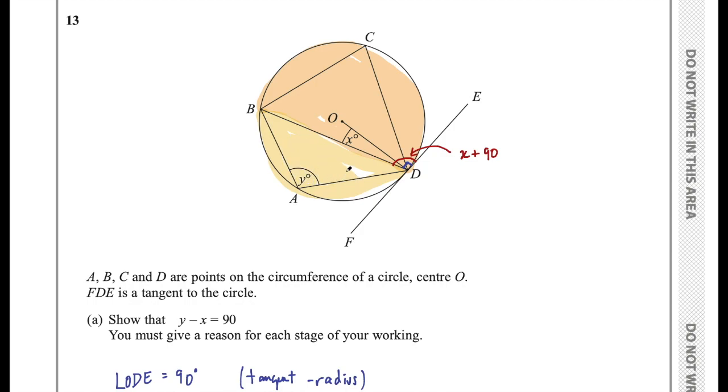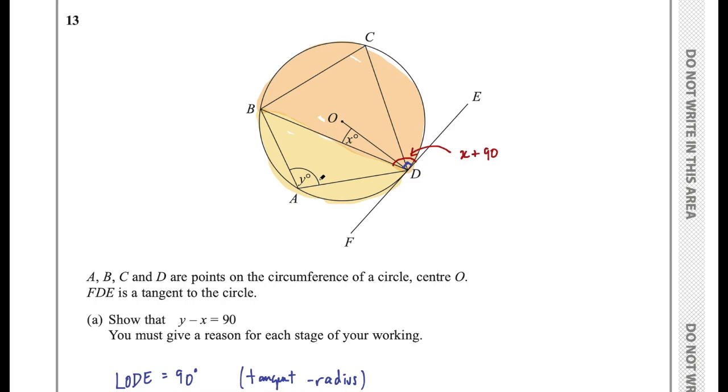Okay, hopefully the colors are not too overwhelming. So here I have my two segments, one in orange, one in yellow. You can see this angle is in this orange segment, and this angle Y is in the yellow segment. And it turns out this angle in the orange segment between the tangent and BD is equal to y.